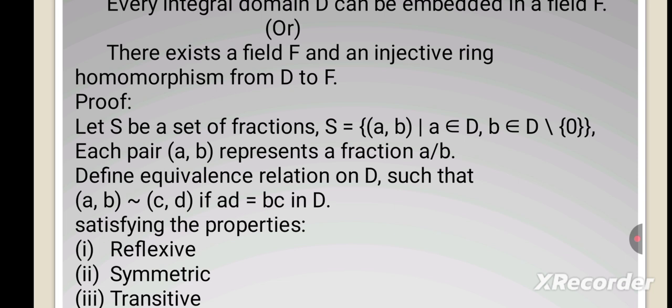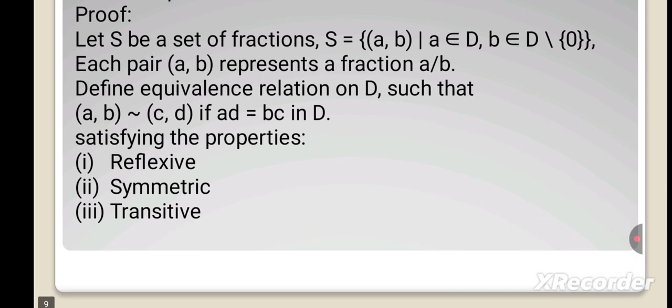We define an equivalence relation such that (a, b) is related to (c, d) if ad equal to bc in D, satisfying the properties reflexive, symmetric and transitive. We know that an equivalence relation should satisfy these three conditions.